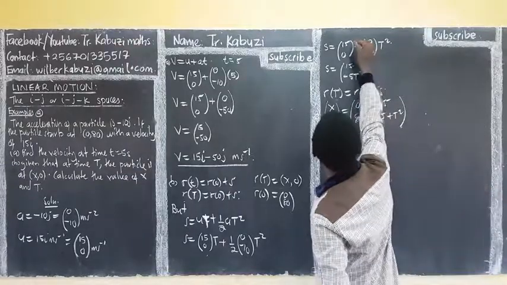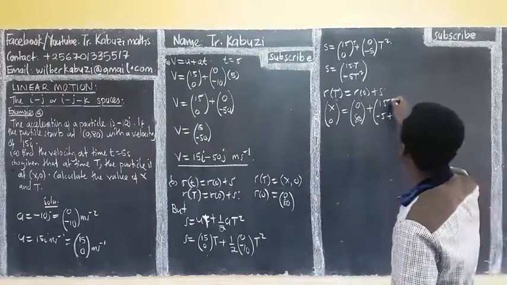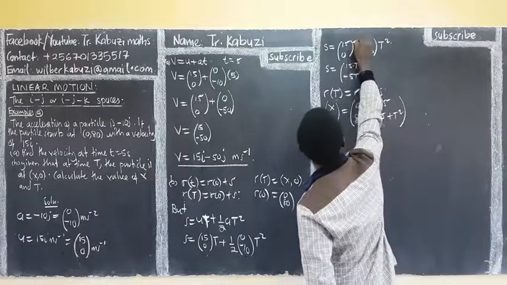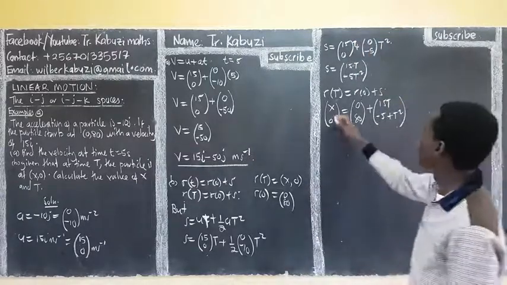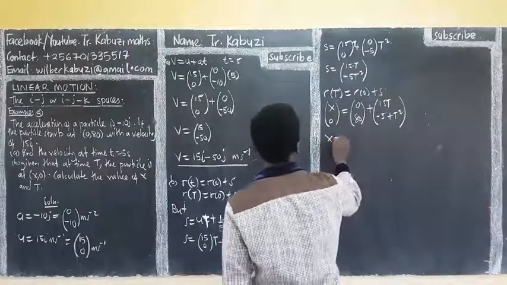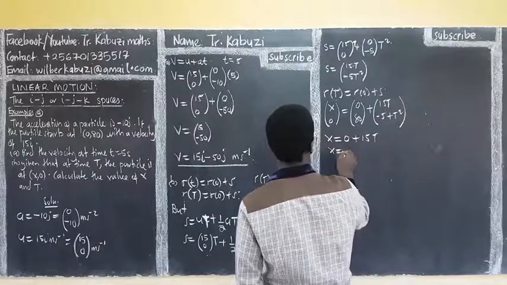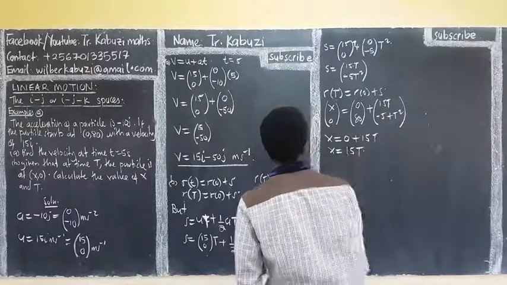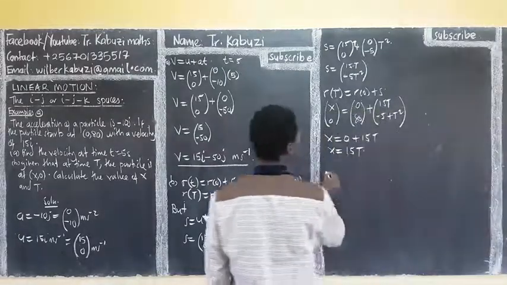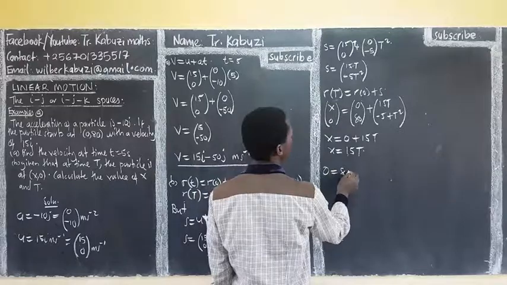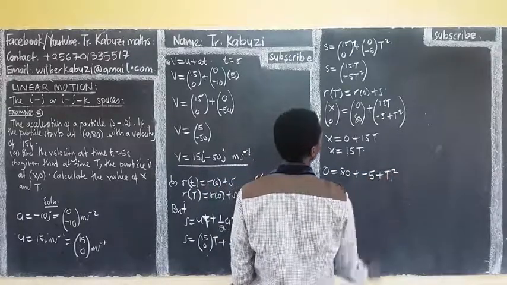So remember, we forgot the T here, but finally it is back, this T here. Okay, so now start this, so our x will be 0 plus 15T. So our x here will be 15T. And also from here, our 0 will be equal to 80, plus negative 5 T squared.